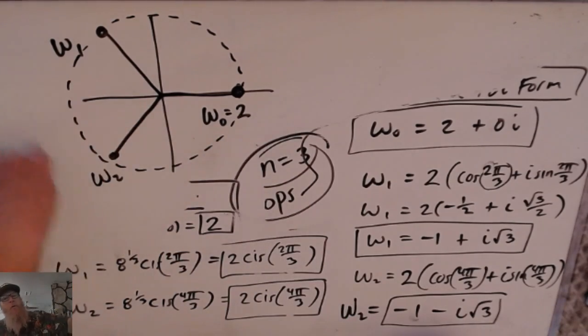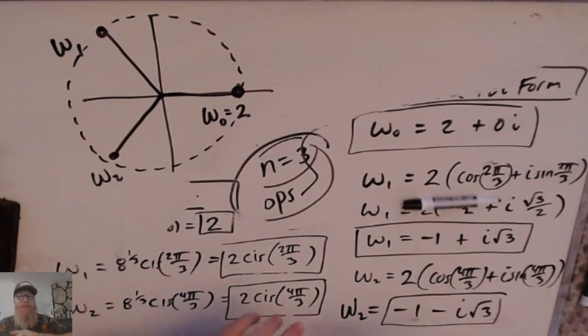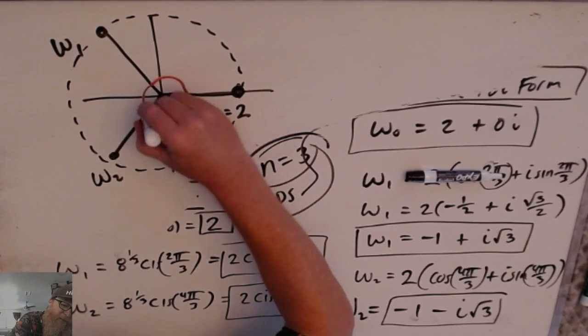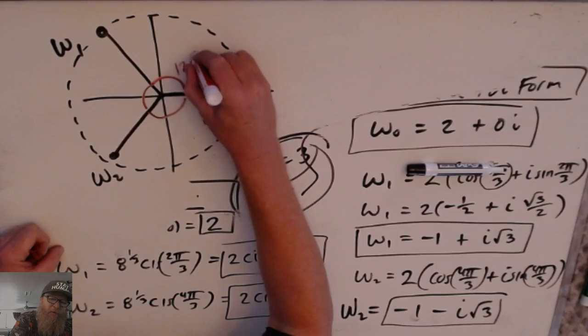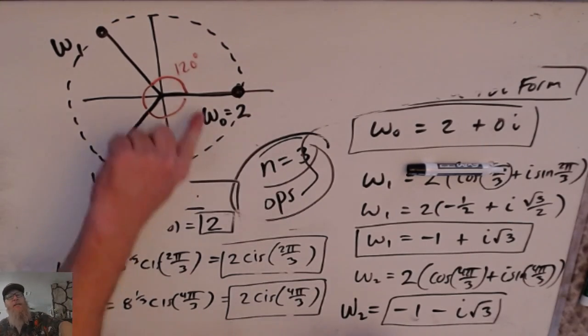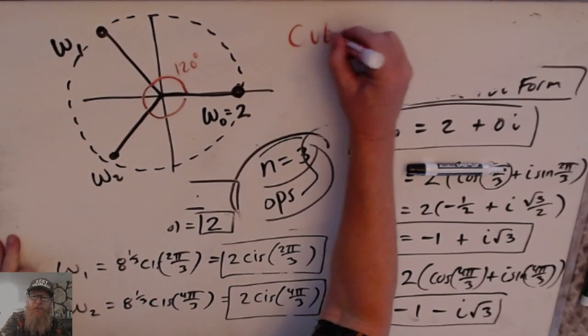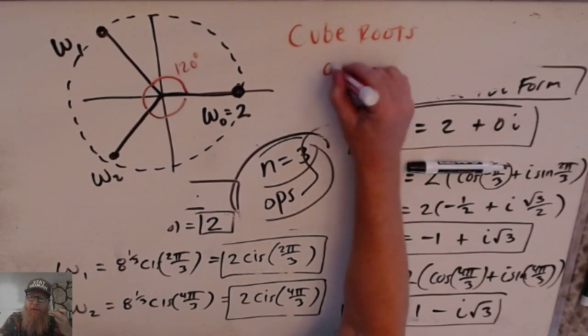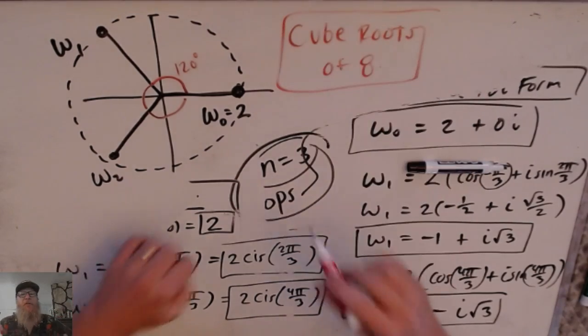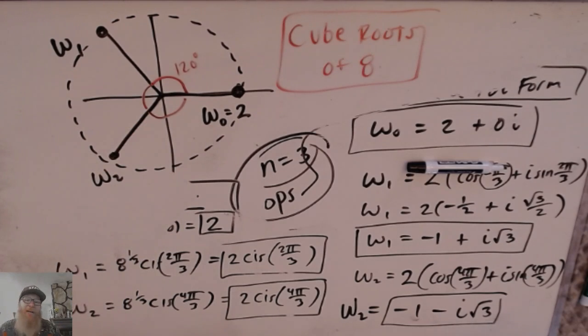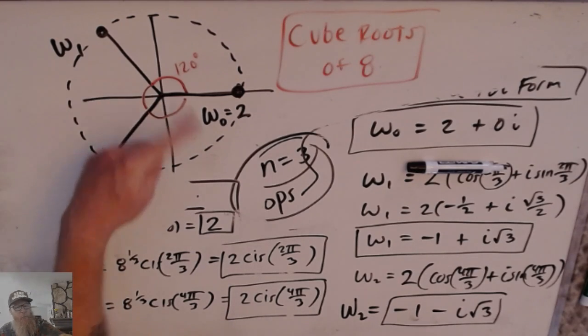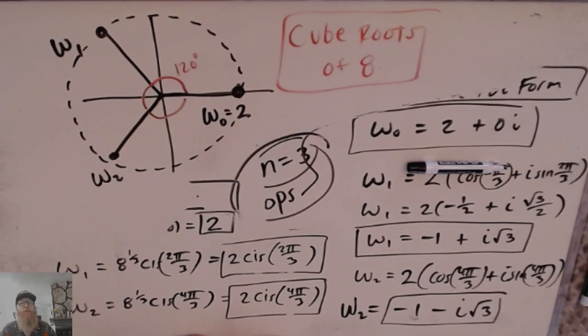All of your roots will always lie on a circle, and the angle is always the same between all of the roots. That's your 120 degrees. So the cube roots of 8 lie on a circle. In fact, all roots lie on a circle, equally spaced around the circle. I know I didn't draw it very well, but these should all be 120 degrees around all three angles.